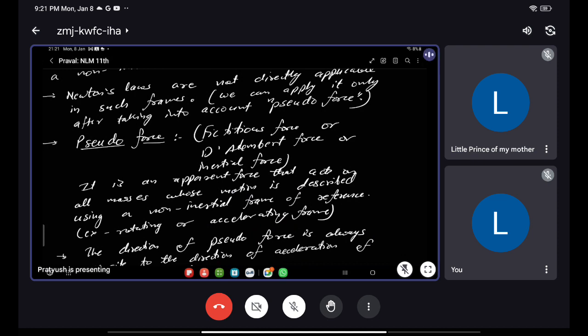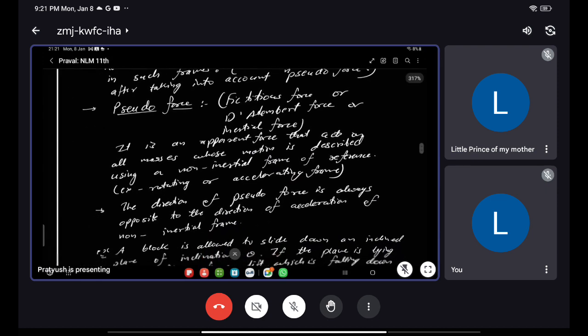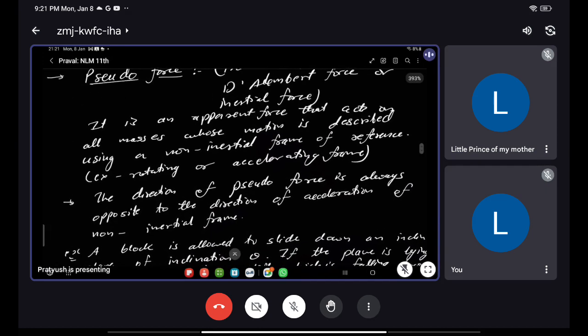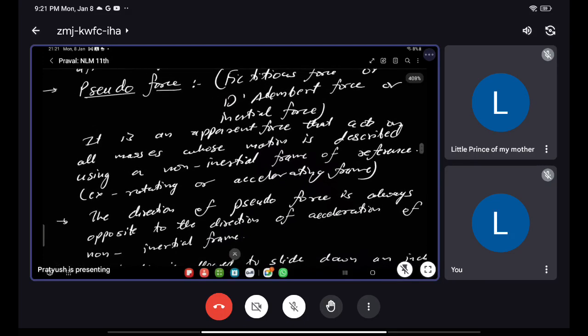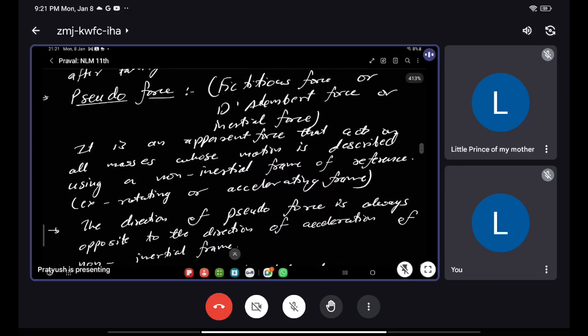It is an apparent force that acts on all the masses having some inertia, or the masses are observed from a non-inertial frame of reference, means a rotating or an accelerating frame of reference. Okay. The direction of pseudo force is always opposite to the direction of acceleration of this non-inertial frame.